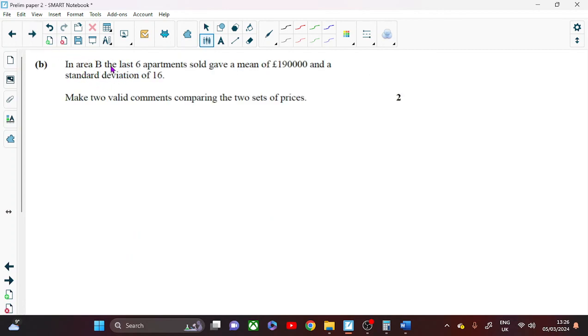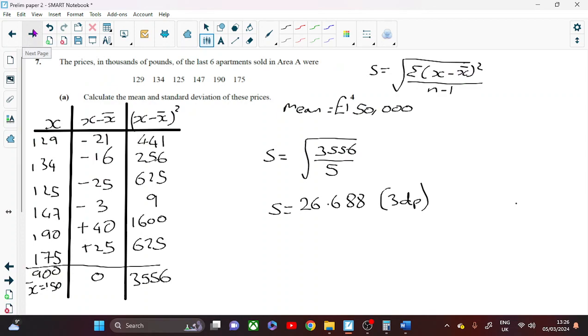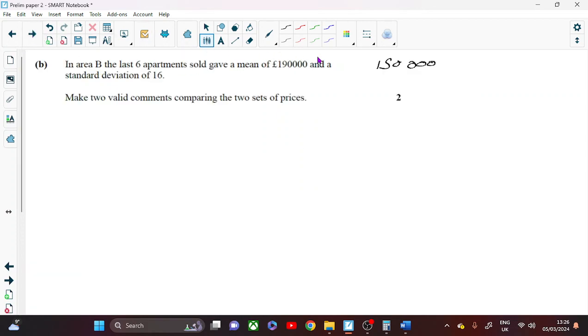So in area B, the last 6 apartments gave a mean of 190,000 and a standard deviation of 16. So we had got a mean of 150,000 and a standard deviation, if you remember, of 26.7.